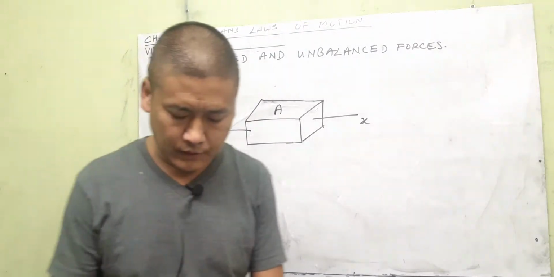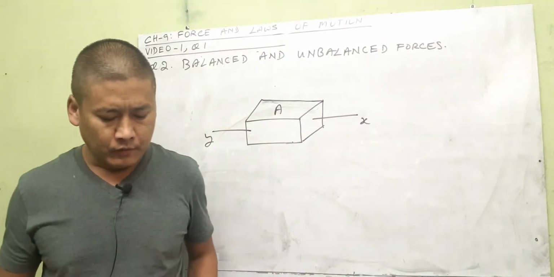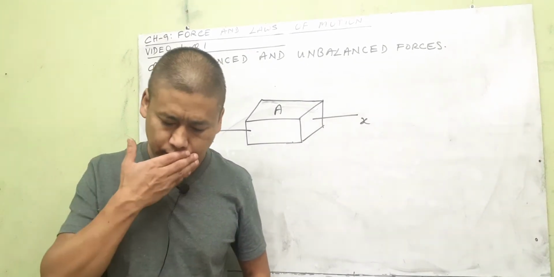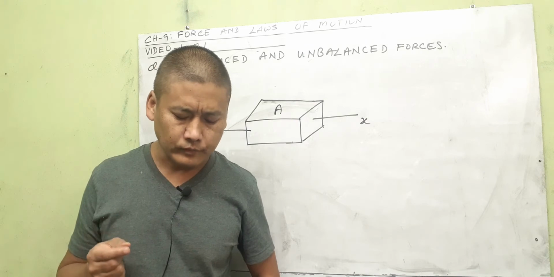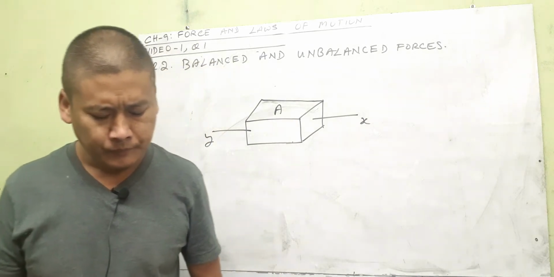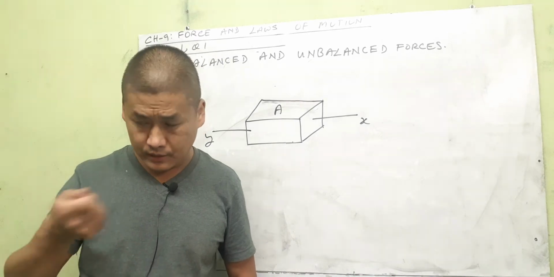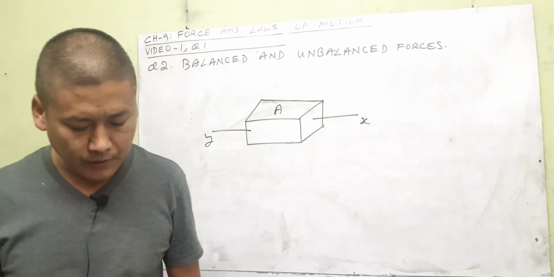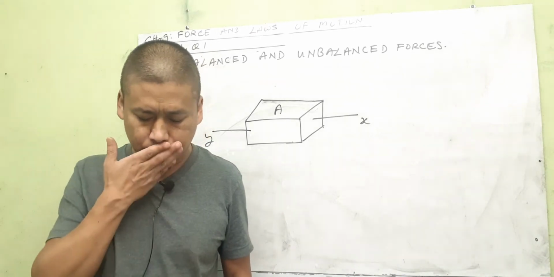Okay, so let us go and read now. You'll understand it, right? So here, question number 2, with an example, differentiate between balanced and unbalanced forces. There on your tuition note in the figure, body A is attached to strings X and Y. Strings means simply small ropes, okay? If X is pulled, which is on the right, the body moves to the right.